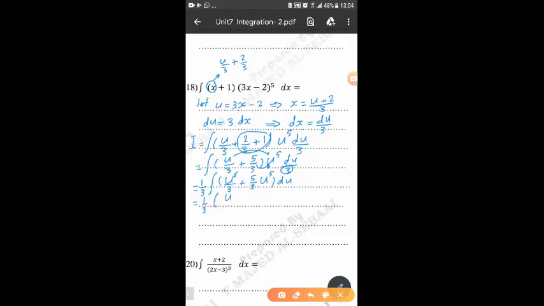It is u7 over 7, and don't forget the 3. Plus 5 over 3, we will not touch it. u5 is going to be u6 over 6, right? Is it clear? Equal. Yeah.